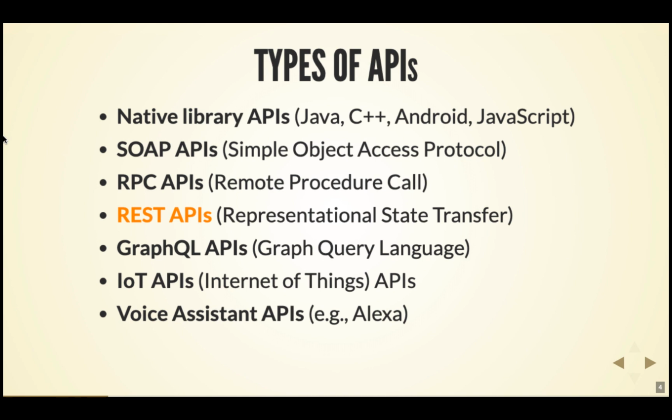In addition to the native library APIs, which I just talked about, and the REST APIs, which we're going to dive into more, there are also SOAP APIs. This is another web service. It stands for Simple Object Access Protocol. A lot of these, knowing what the acronyms stand for doesn't clarify anything. But this is an API that was the predecessor to REST APIs, and it involved a more exact protocol.